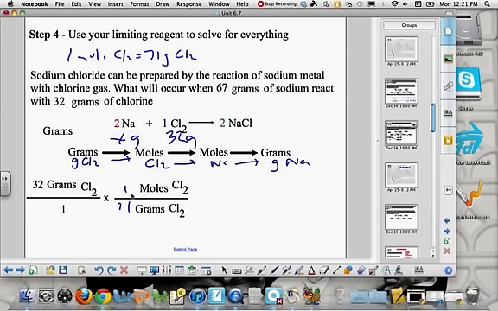Let's multiply by another conversion factor now to take our moles of Cl2 into moles of Na. So multiplying by a conversion factor, the moles of Cl2 go down on the bottom, because I want to cancel those out, going to my moles of Na.